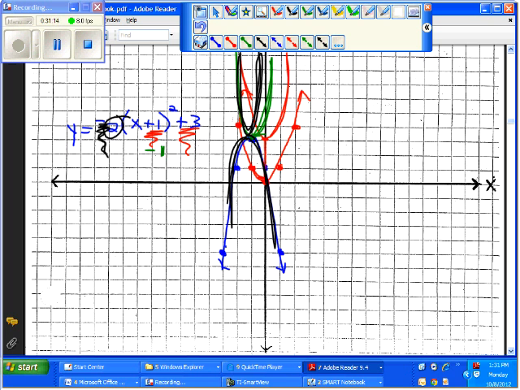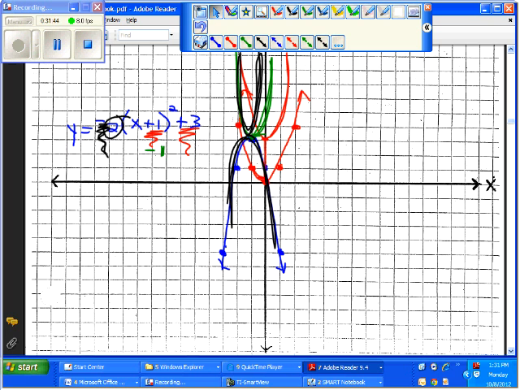You see, it went where it was supposed to according to the way we learned it before. But instead of thinking, okay, it shifted up 3, shifted left 1, it's going to get a little bit narrower because of the 2, and it's going to reflect down, it's going to open down, we still wouldn't know exactly where it was. We'd just know about where it was. But if we transform the parent function points, we know exactly where it is, you see. Not just about where it is.